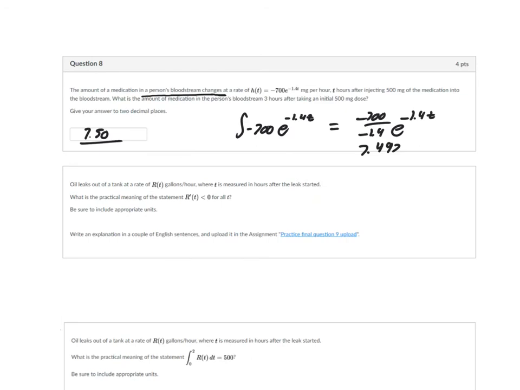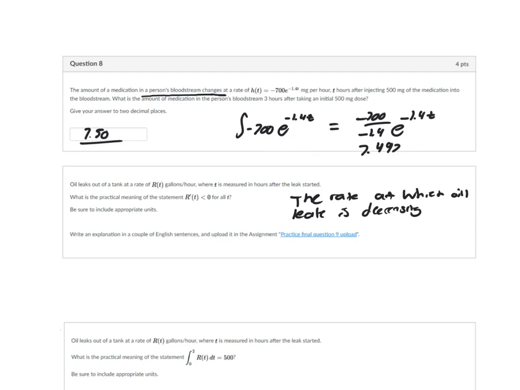So what I'll say for this one is the rate at which the oil leak is decreasing, and it'll be measured in gallons per hour, right?